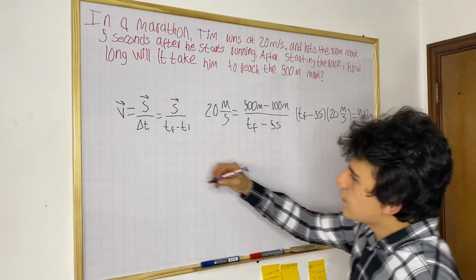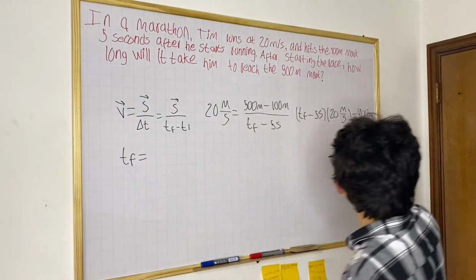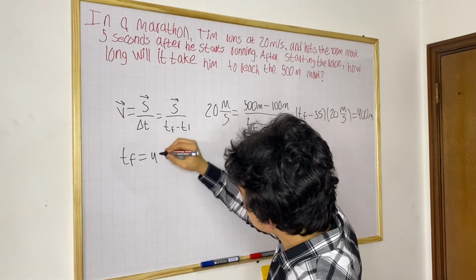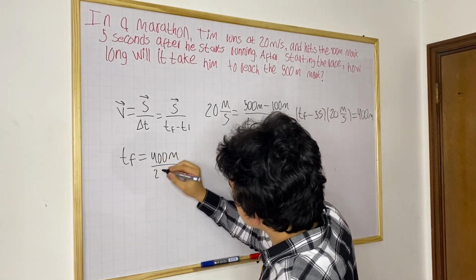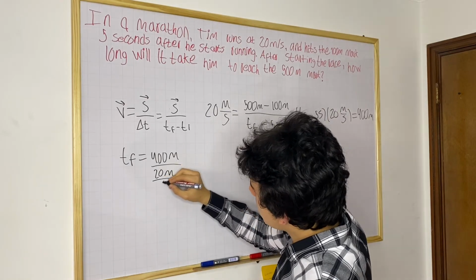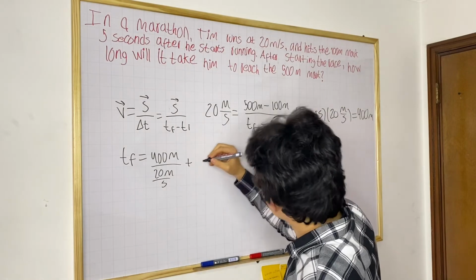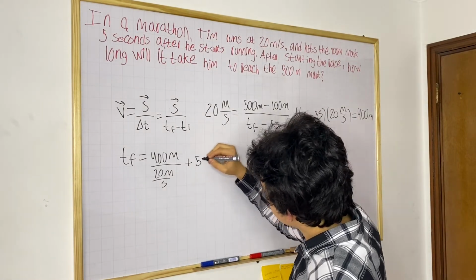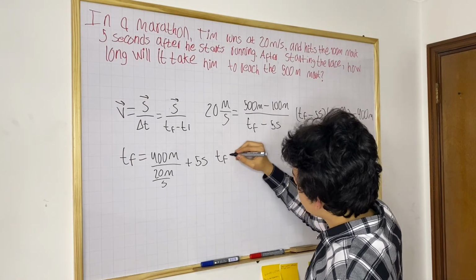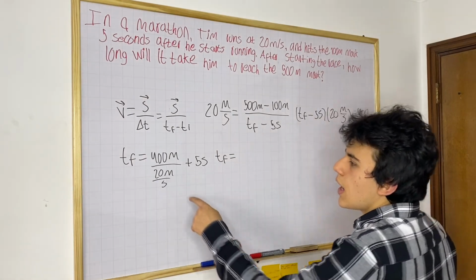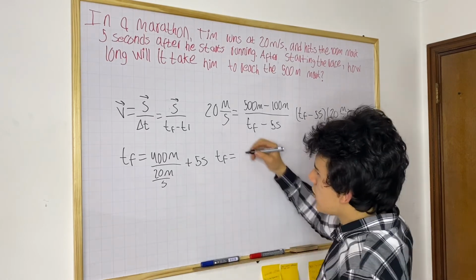So we're going to have that TF is equal to 400 meters divided by 20 meters per second plus 5 seconds. And now let's separate this. So we have final time would be equal to, we know this is the same as multiplying by the inverse of this fraction.